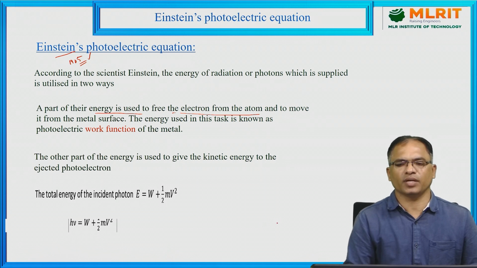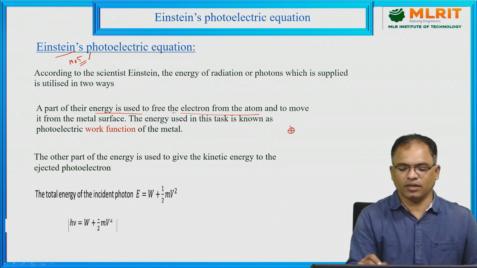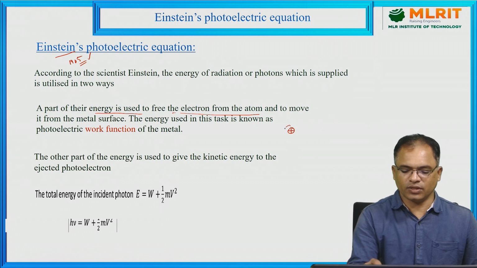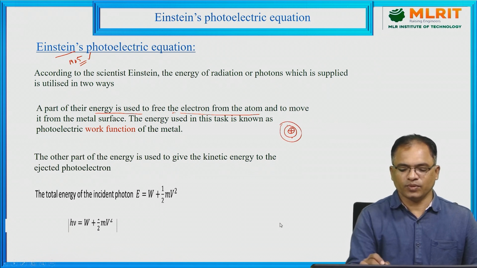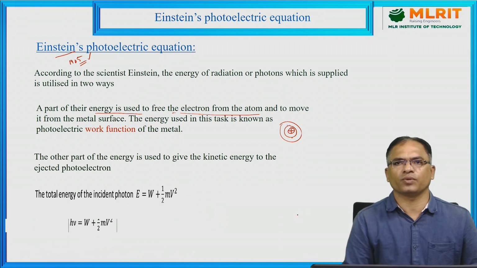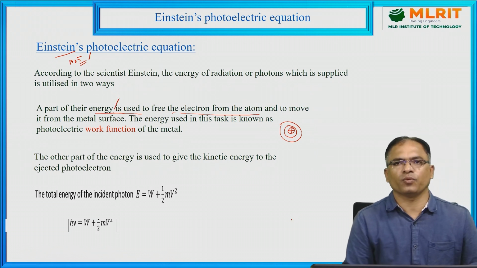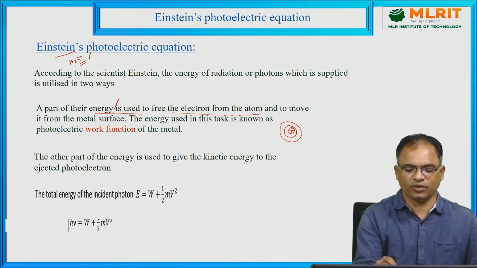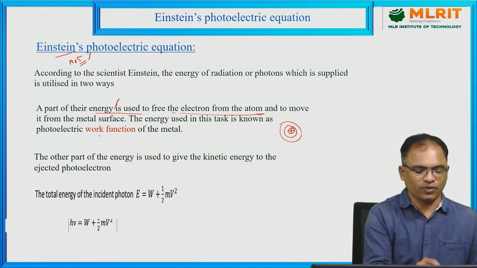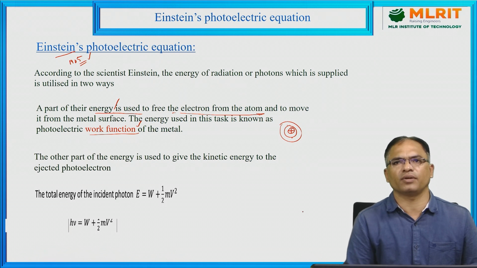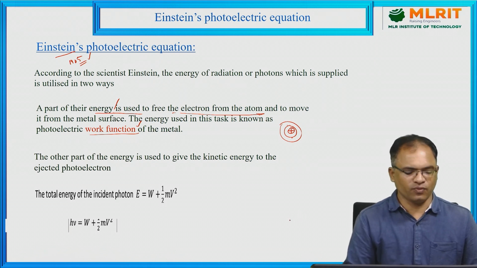So we know atom consists of central hard core called a nucleus, around which electrons revolve in certain permitted orbits. So these electrons have attractive interaction toward the nucleus of atom. That is, they are bound electrons. So here some portion of incident photon's energy is going to free the electron from the atom. So that is what is called work function. So the minimum energy required to remove the electron from the metal surface is called work function.